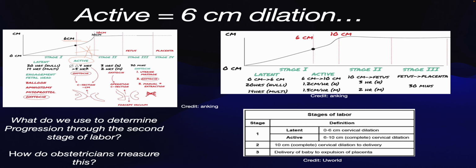So no cervical change in 4 hours with adequate contractions. Again, greater than or equal to 200 Montevideo units over a 10-minute period. Taking the peak of each contraction and the base, and subtracting those values and then summing those across the 10-minute period. Want to get to a total of 200 to be adequate.